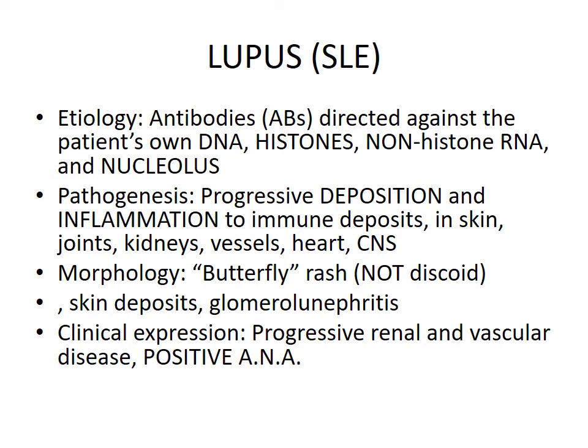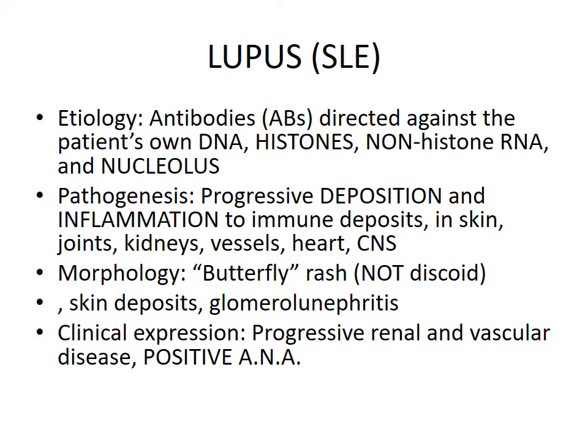The proposed model for pathogenesis is the progressive deposition and inflammation of immune complexes in skin, joints, kidneys, vessels and heart and CNS also. Morphology: the patient presents grossly with butterfly rash, and if it only involves the dermal epidermal junction of the skin, it presents as discoid lupus erythematosus, and glomerulonephritis.